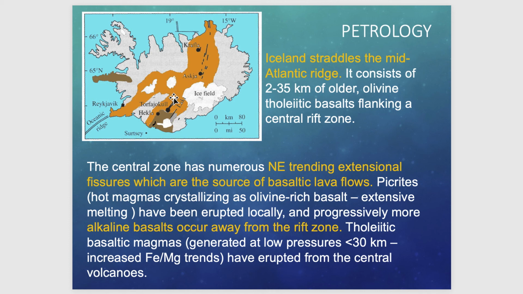So picrites are erupted, which is a good indication that the magma comes from deep, since these are very close to mantle composition. So they have elevated magnesium, for example. And also you have alkali basalts that quite commonly are formed away from the main rift zone.